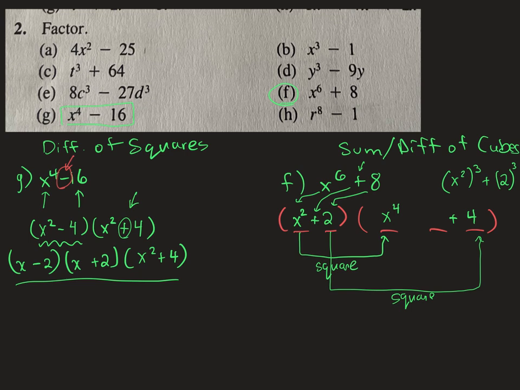And the middle term is basically the two terms multiplied together. x squared times 2, and you use the opposite sign. So you would go minus 2x squared. And there we go. That would be your factored form to do a sum or difference of cubes.